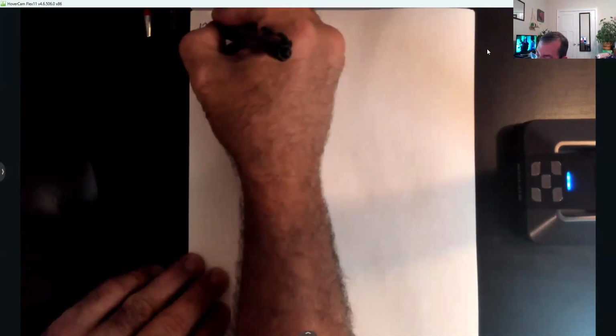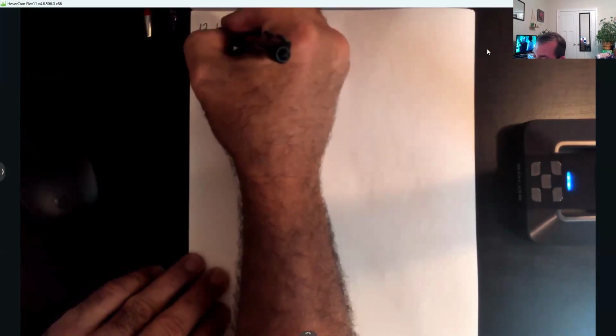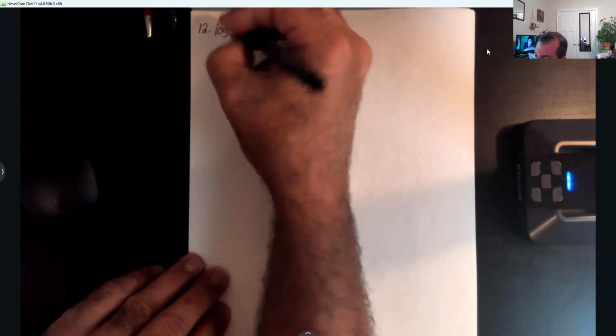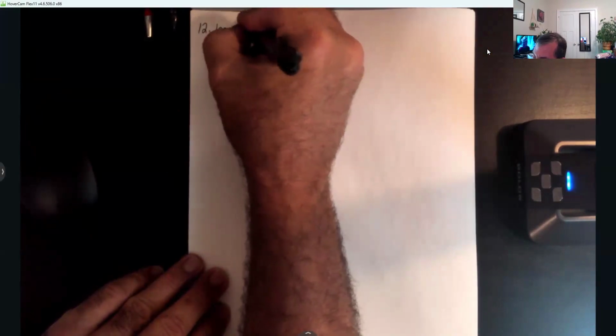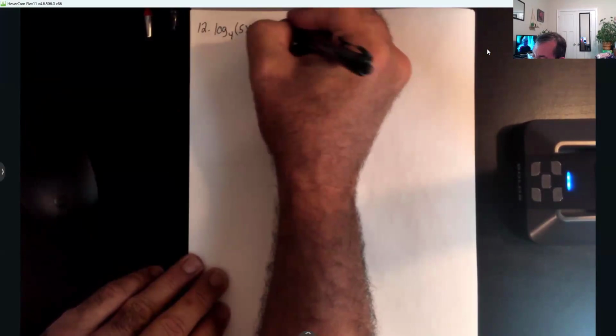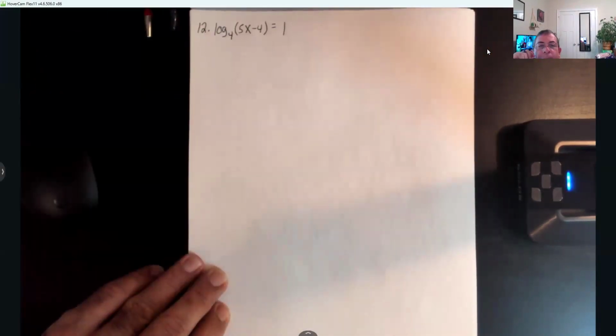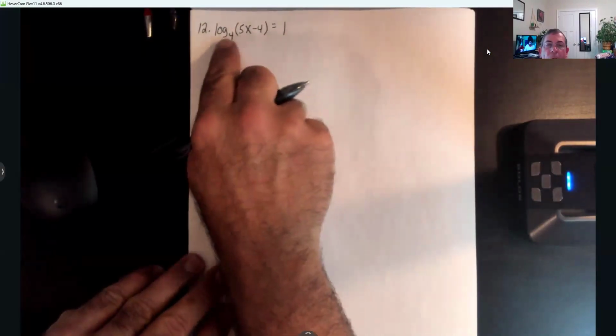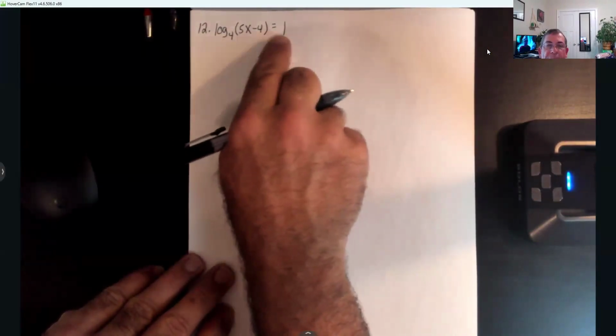All right, y'all, log base 4 of 5x minus 4 is going to equal 1. All right, no logs to combine on either side.